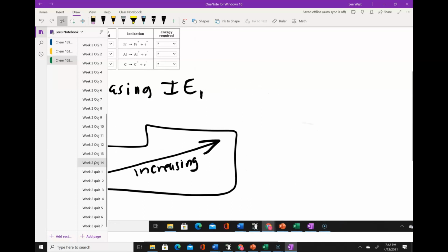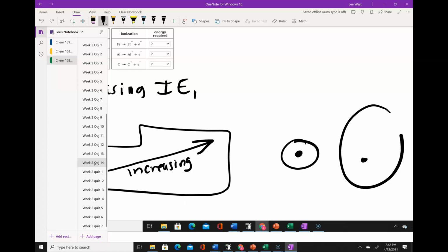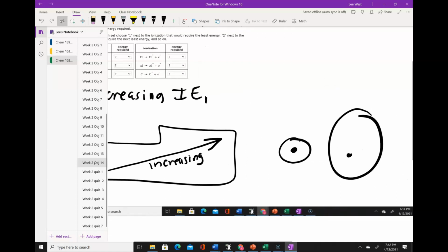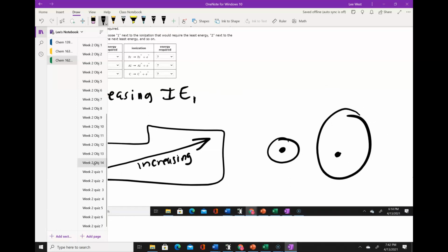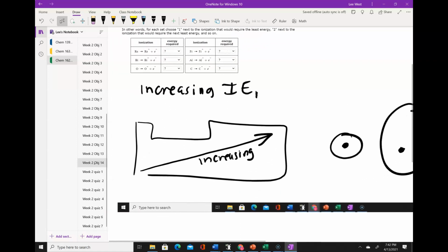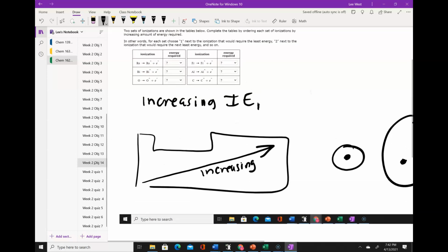There's a couple of ways of thinking about this, but basically, as the atoms get smaller, the electrons are closer to the nucleus, and so they are harder to remove. That makes total sense, right? The bigger the atom is, the further away the electrons are from the nucleus, so it becomes easier for them to be removed. And your biggest atoms are down here and your smallest ones are up there.